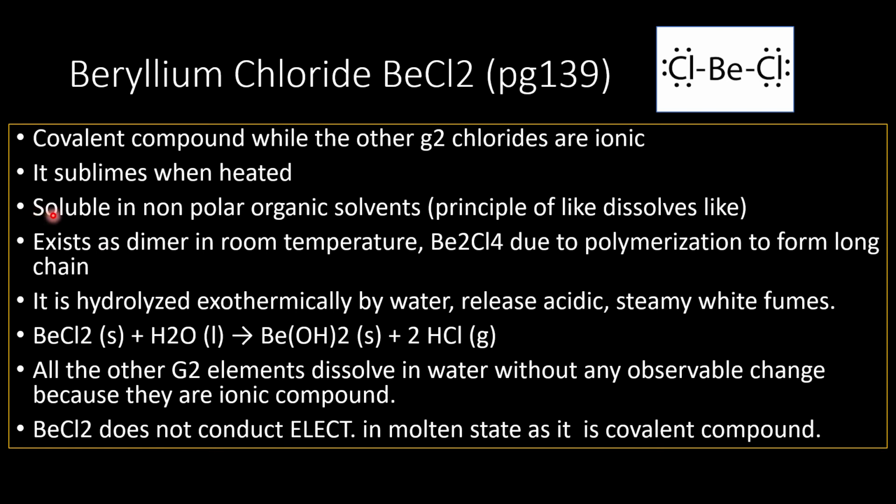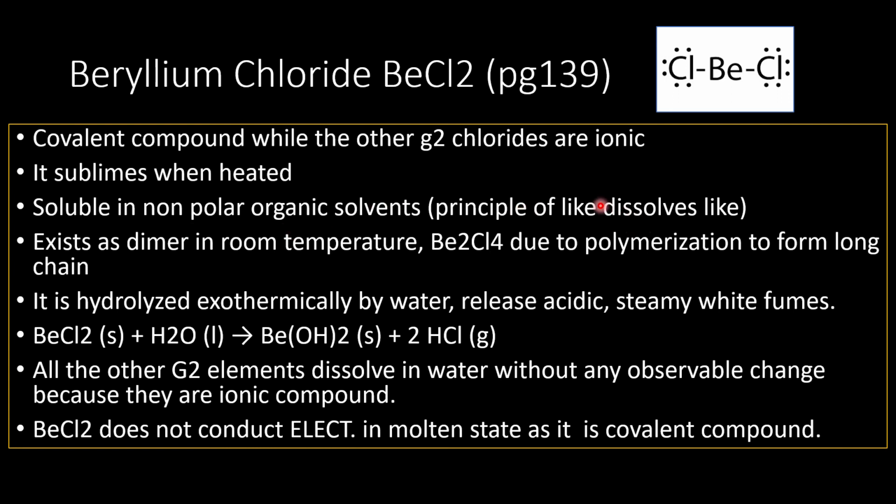Beryllium chloride is soluble in non-polar organic solvents because of the principle of like dissolves like. As we all know, a covalent compound is a non-polar compound. Therefore, it can dissolve in non-polar organic solvents.